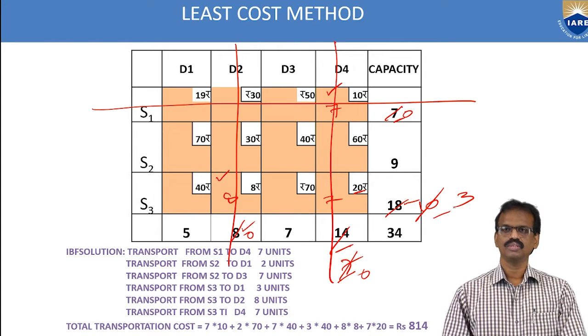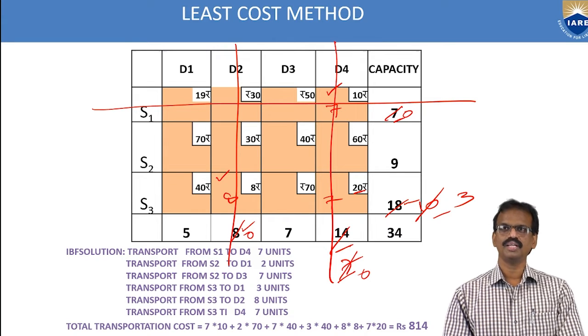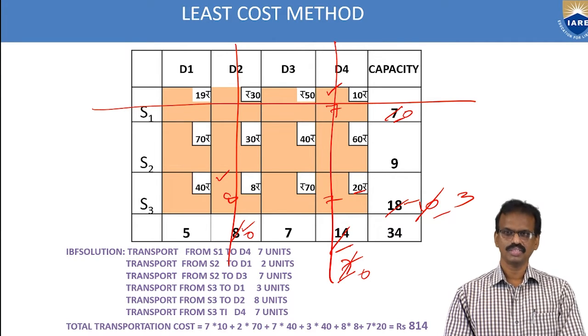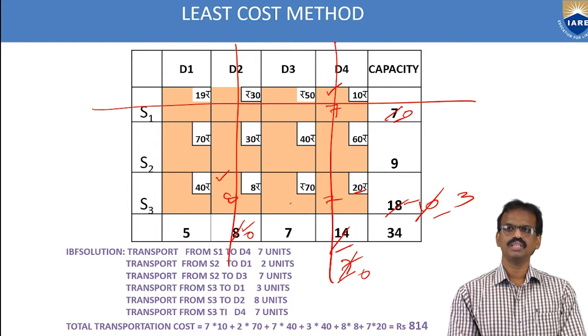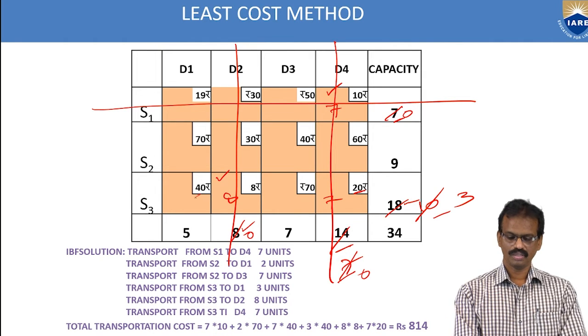Next, you again have to identify the least cost cell among those which are not cancelled. Here 70, here 40, here 40, here 70. So 40 is the least cost value. Here 40, here also 40.